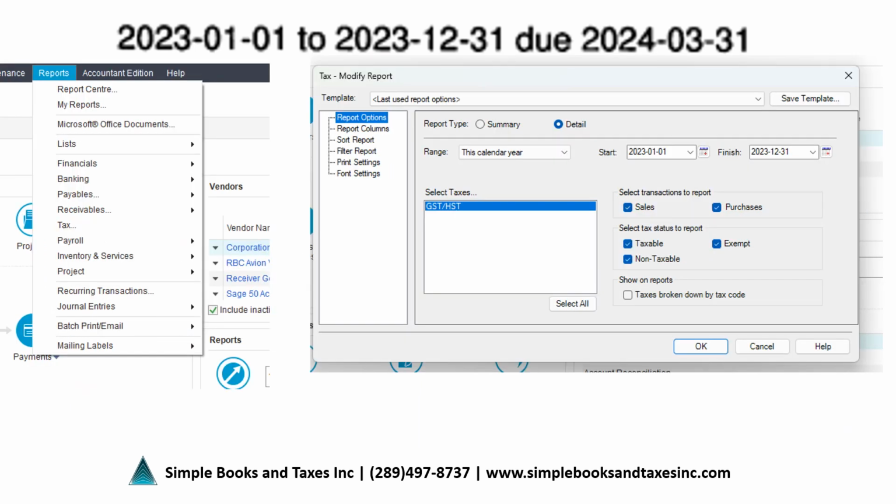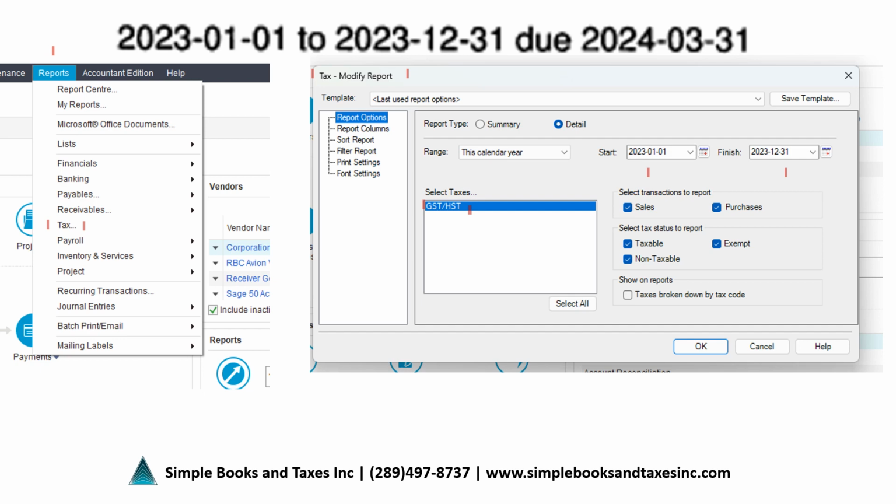The second report that I usually depend on will be the tax report. So we can go to Reports and then choose Tax from here. When the tax report window opens, you will choose the HST, and the period will be from January 1st, 2023 to December 31st, 2023.